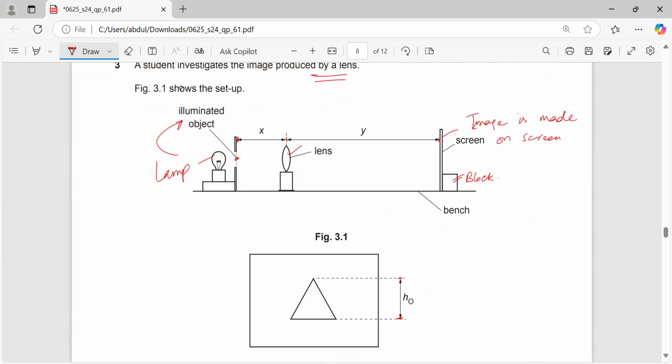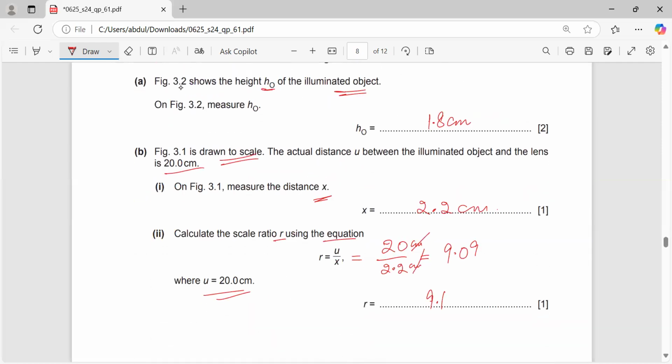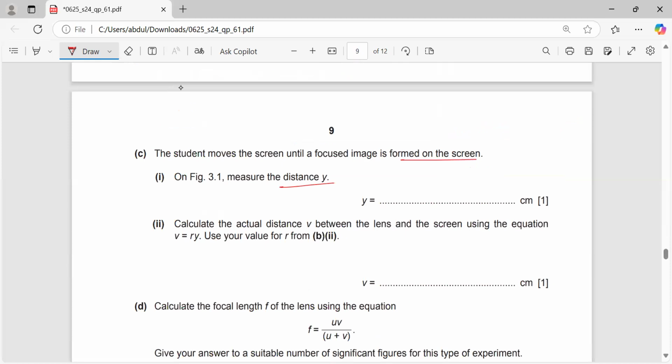Your values, if you have printed this paper, may be different from mine. For me, it is almost 7 centimeters, so I am writing 7.0 centimeters.